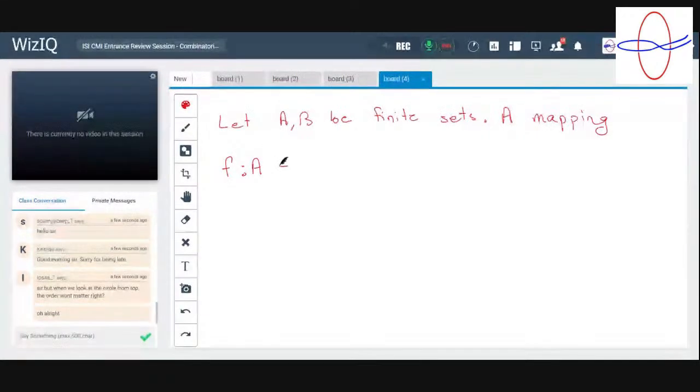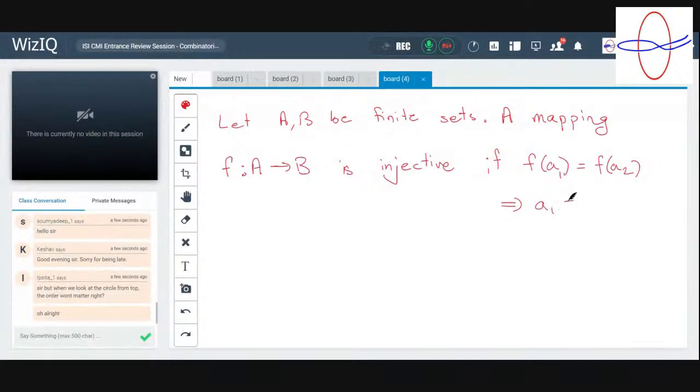If f from A to B is injective, I'm sure all of you know that, if f(a1) equal to f(a2), or rather a1 and a2, because I took B as my codomain, implies a1 is equal to a2.